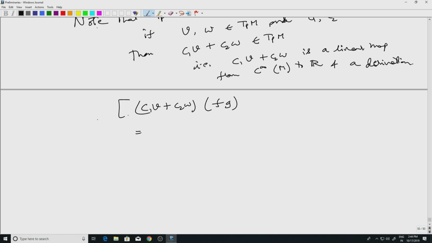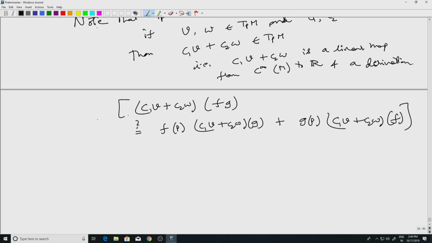Then I want to know whether this is equal to f of P times C1V plus C2W of g plus g of P times C1V plus C2W of f.